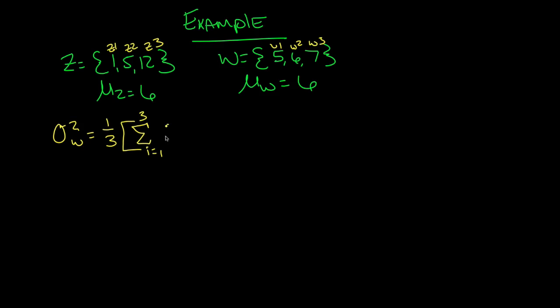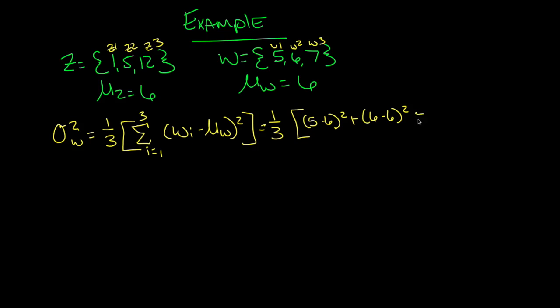The sum of wi minus mean of w squared is equal to 1/3 times, now the first one, w1, is 5 minus 6 squared plus 6 minus 6 squared plus 7 minus 6 squared.